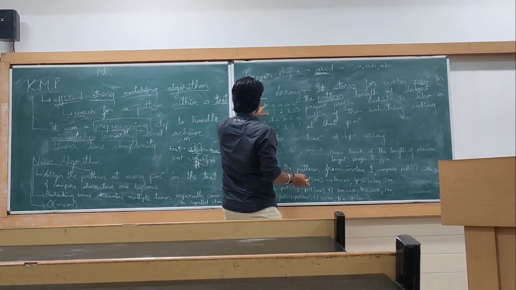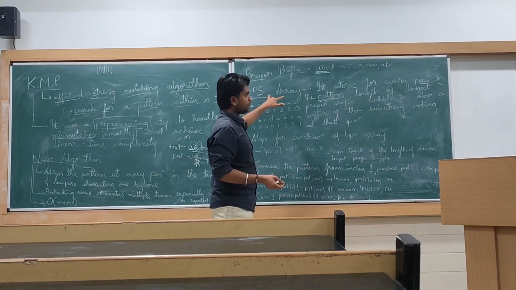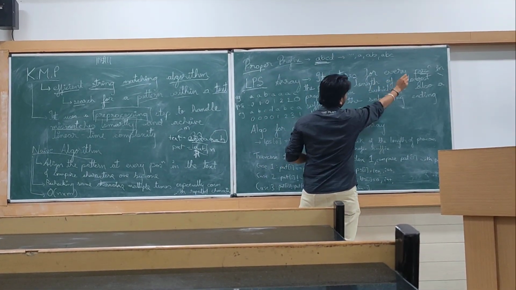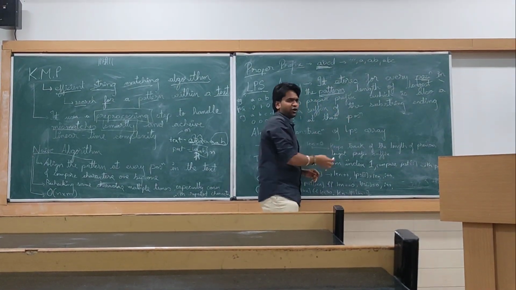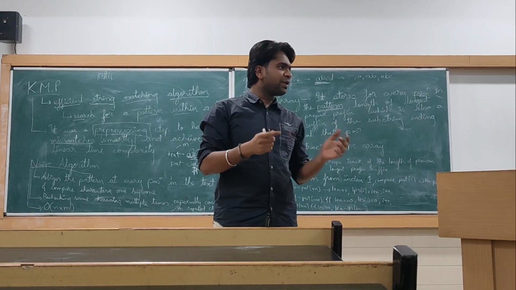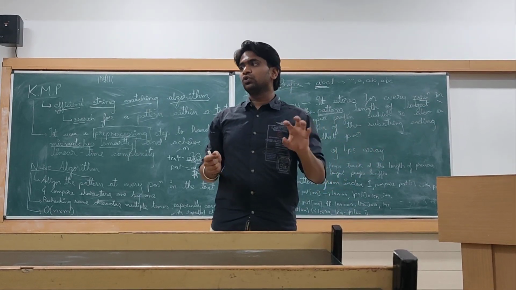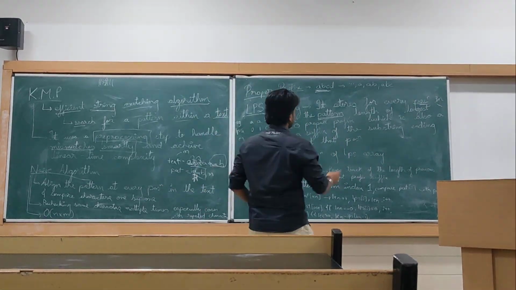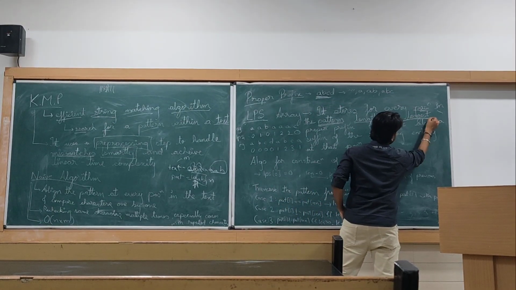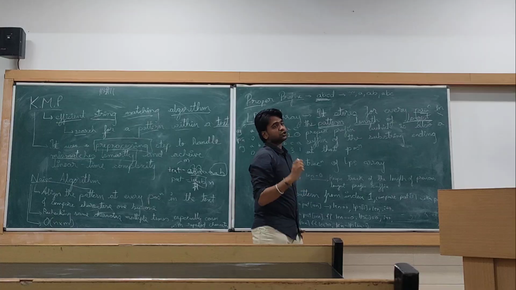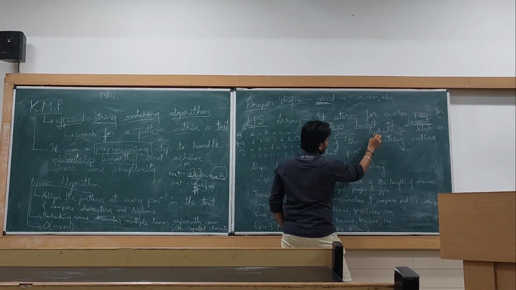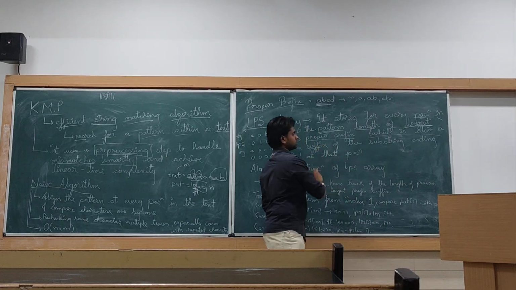Is this thing clear? So you are pre-processing the pattern. How? You are creating an LPS array, right? What is that LPS array, you will see. It stores for every position in the pattern. For every position in the pattern, so what is the size of the LPS array? Same as the size of your pattern. Yes or no? It stores for every position in the pattern the length of the longest proper prefix which is also a suffix.